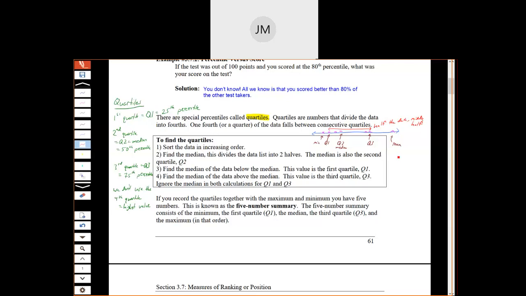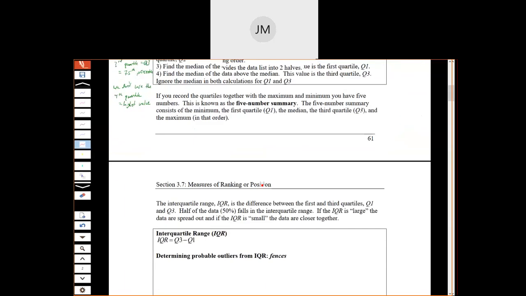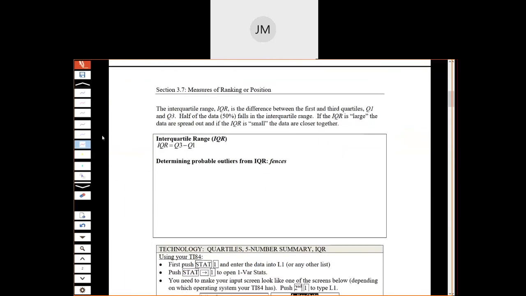If we know how wide that middle half of the data is, that gives me a good benchmark for the amount of spread of the data. And so we're going to give this a name, and we call this the interquartile range, which we're going to abbreviate IQR for short.